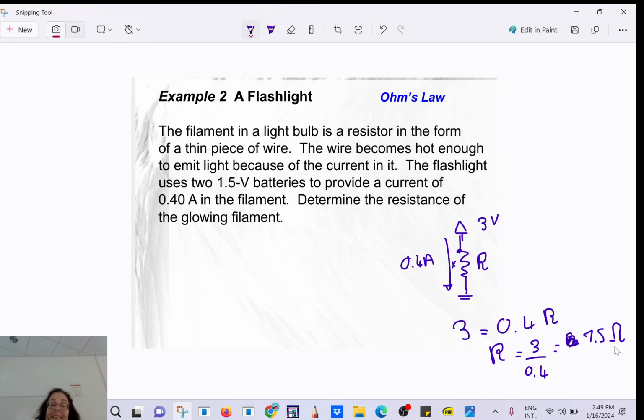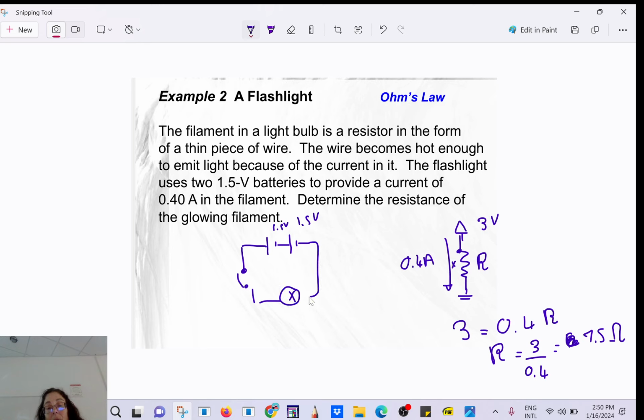7.5 ohms. Now, if you want to do the other schematic, you will say, okay, I have 2 cells. One is 1.5 volt, the other one is 1.5 volt. Maybe I'm going to include a switch here. And I have my load, which is a lamp.